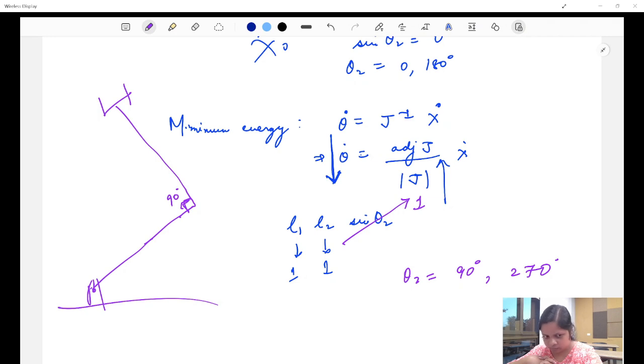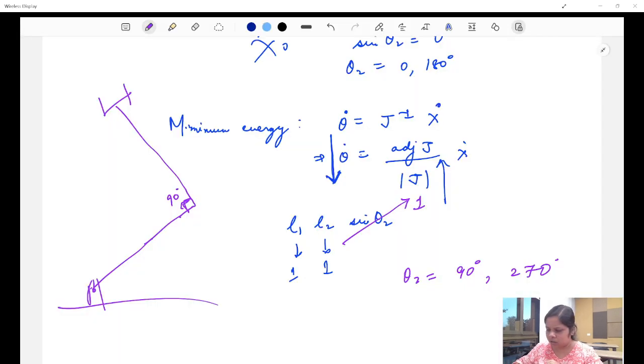Ma'am, we might have many links, but one of the links will not be used. It will be inoperative. Yes. So the task that you are supposed to do does not need all of these links. You have far more degrees of freedom than required.